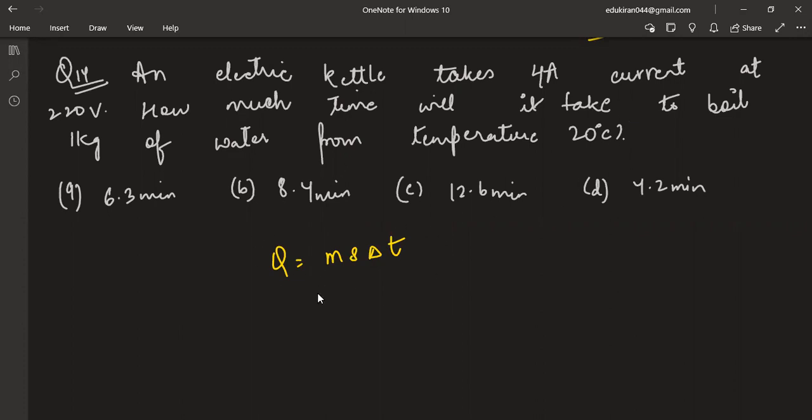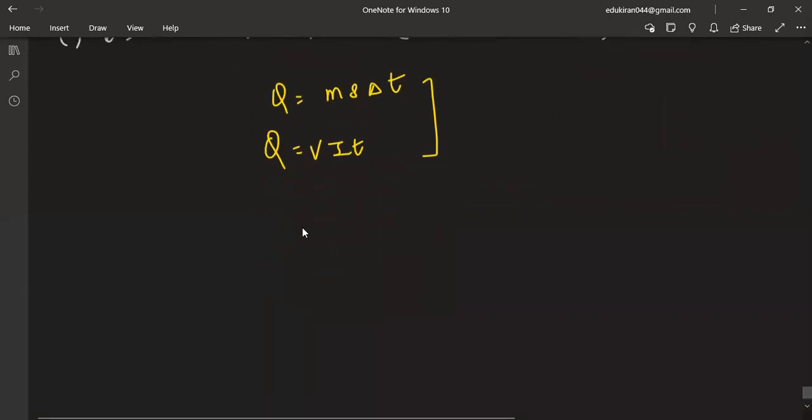So using this, and you already have a formula which I have told you, VIT. This you have to use. So you can equate both these formulas. This is also heat, VIT. So once you equate it, ms delta T, from here T will be, this is change in temperature, this is time.